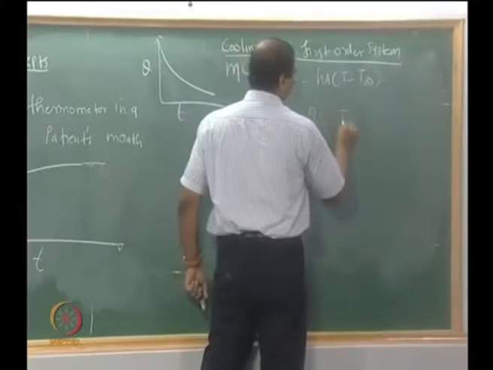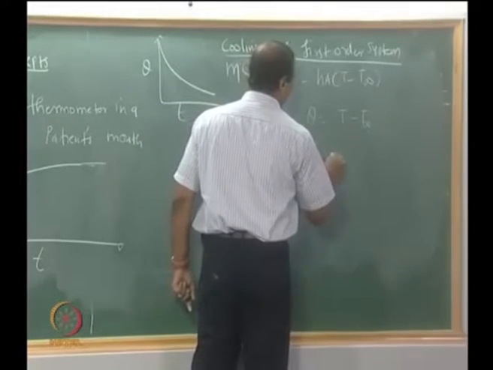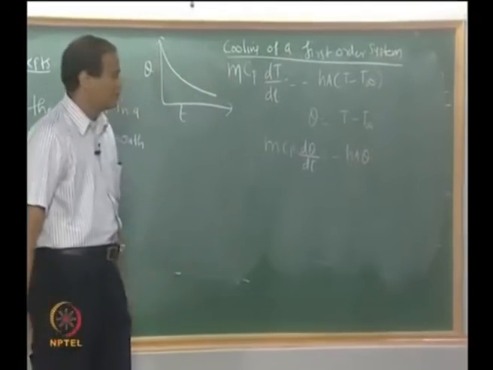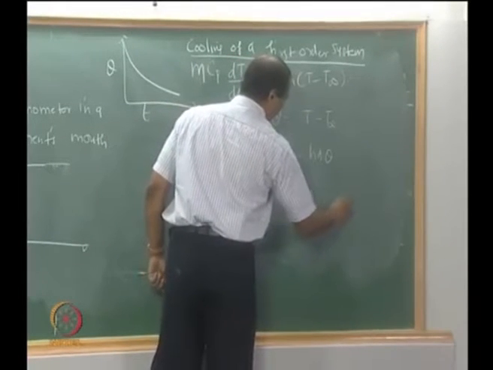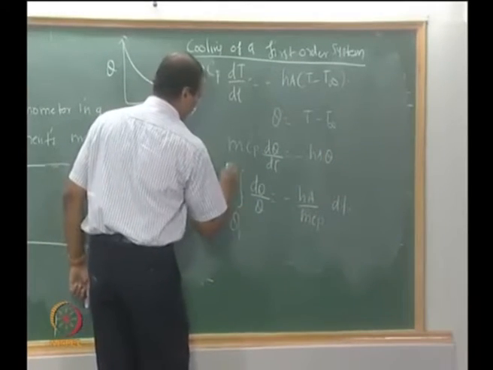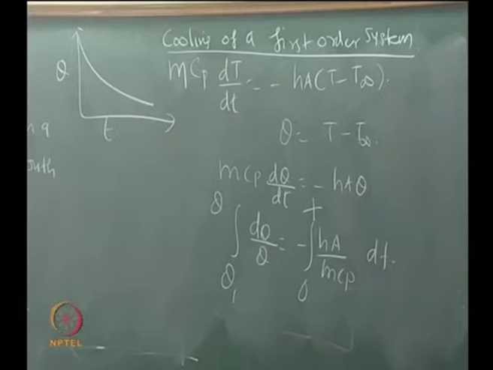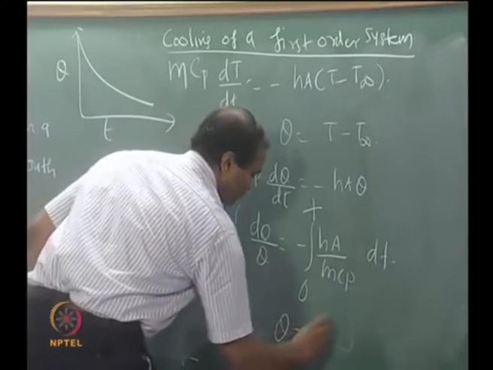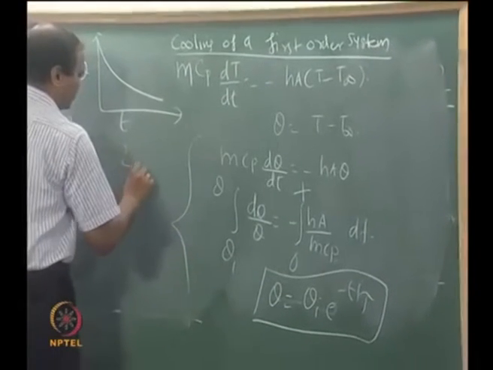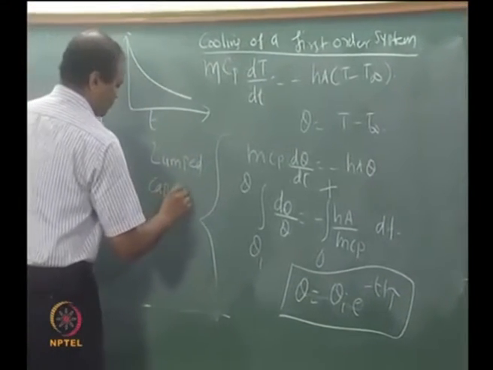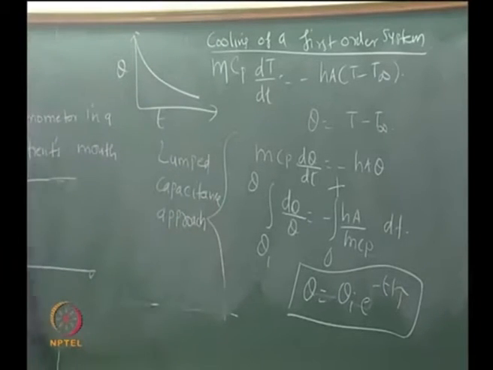I can say theta, the temperature excess, is given by T minus T infinity. I can now say MCP... so this is basically called the lumped capacitance method.